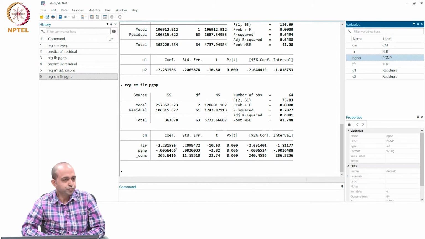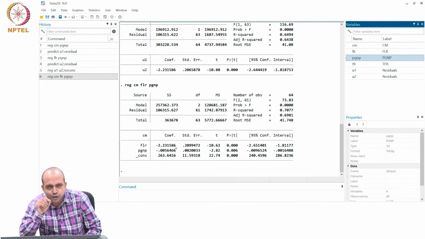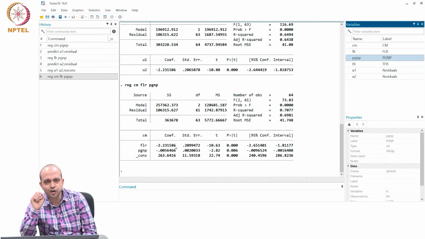That means what we have derived theoretically and what we have estimated empirically are matching. So in a multiple linear regression model, the coefficient we get is basically the net impact.